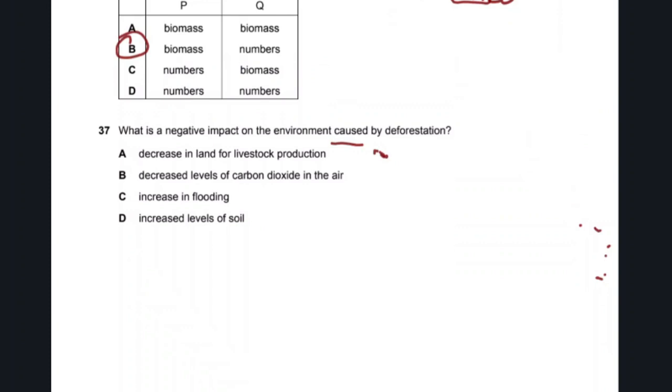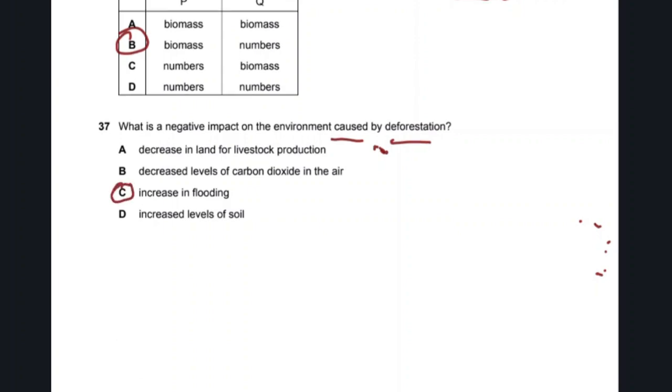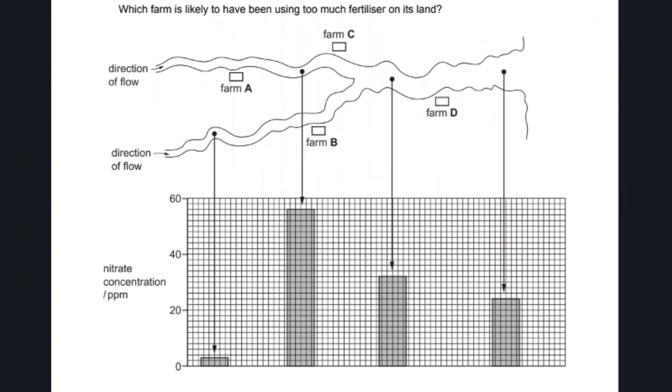What is the negative impact on the environment caused by deforestation? The negative impact is that it increases flooding. Here they have shown a diagram of the position of 4 farms, and the concentration of nitrate is different, because from the farms the nitrates will enter the water source and increase the nitrate level.